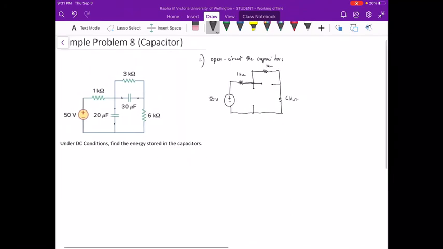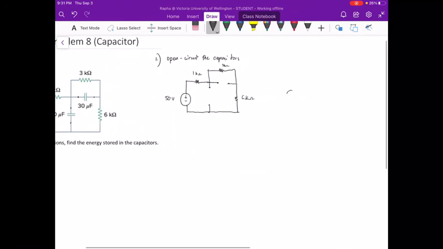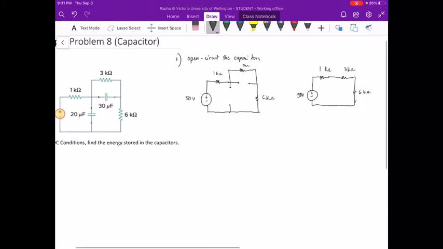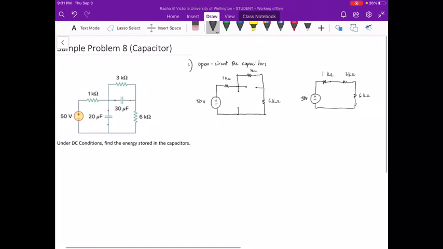Simplifying further, this becomes basically a series circuit. We have 50 volts, we have 1 kilo ohm, 3 kilo ohms, and 6 kilo ohms. As simple as that. What we can learn from circuits in series is that the current across the circuit is the same.